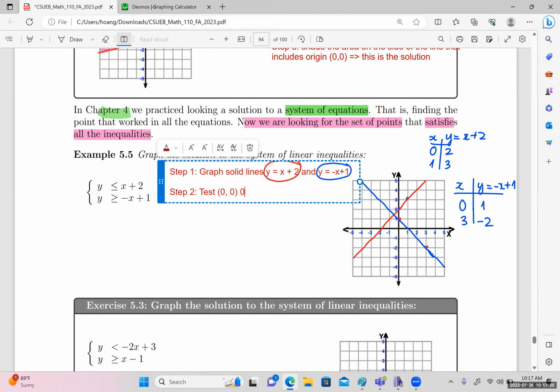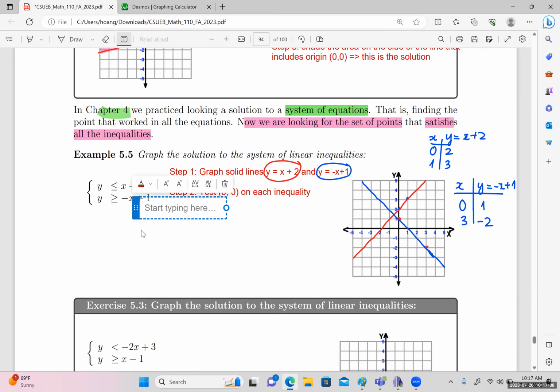So on each inequality. Okay, so let's test for the first one. Let's call this E1. It is the 2, right?